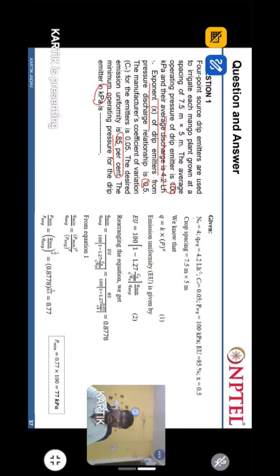So NE is given, that is 4. We have the 4 point source emitters, so NE is 4. Q average is given as 4.2 liter per hour. Coefficient of variation given is 0.05. P average is 100 kilopascal given here, right?